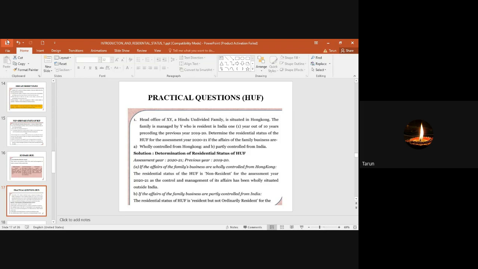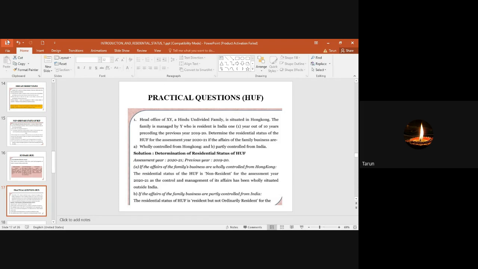Y was resident in India in 1 year out of 10 years preceding the previous year 2019-20. Determine the residential status of the Hindu undivided family for the assessment year 2020-21 if the affairs of the family business are wholly controlled from Hong Kong, and partially controlled from India.